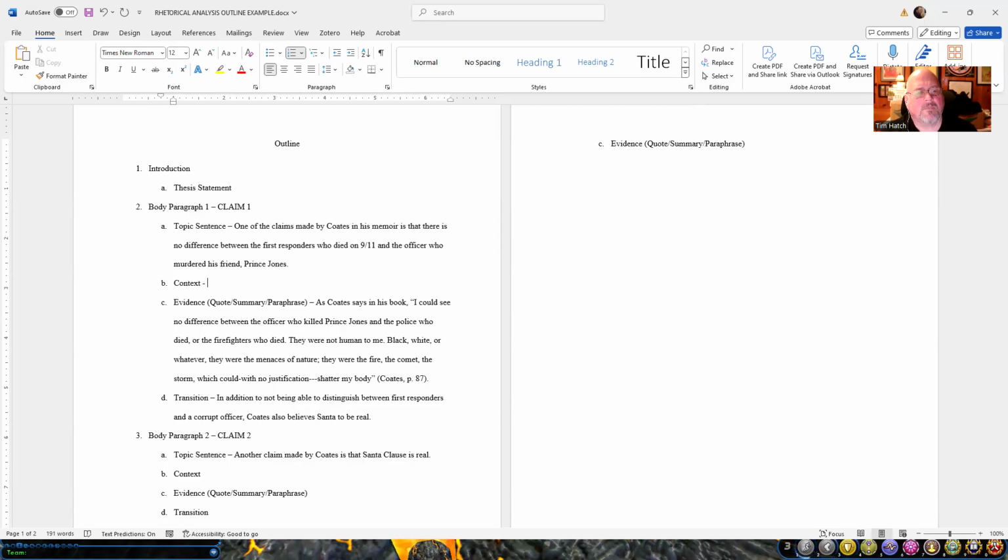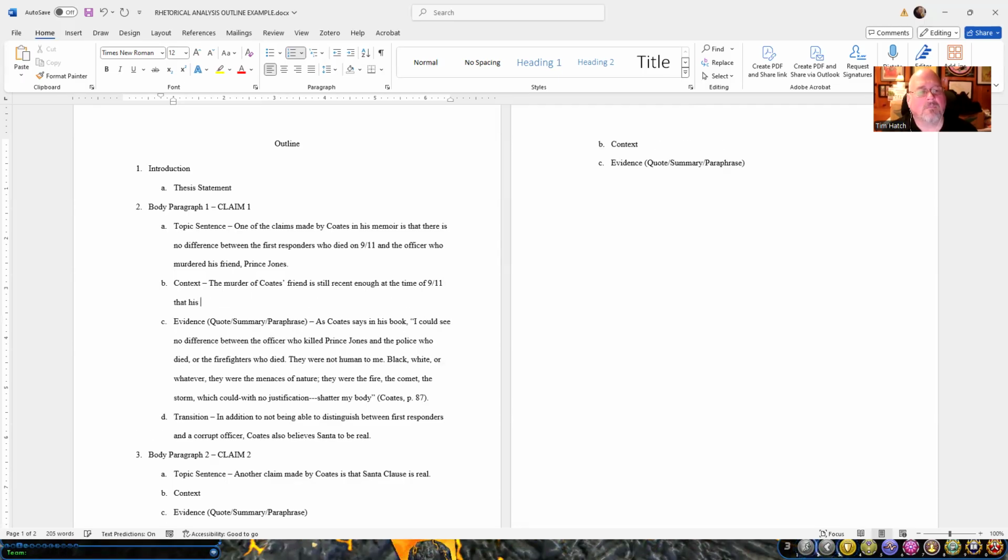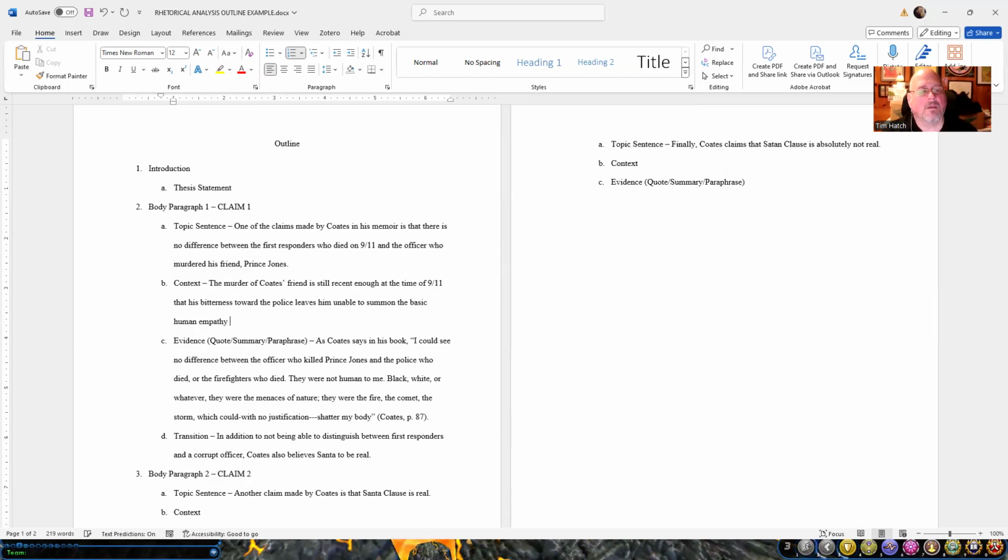The murder of Coates' friend is still recent enough at the time of 9/11 that his bitterness towards the police leaves him unable to summon the basic human empathy to feel sorry for the first responders who died on 9/11. Again, this doesn't have to be eloquent, just has to get the basic information out there.